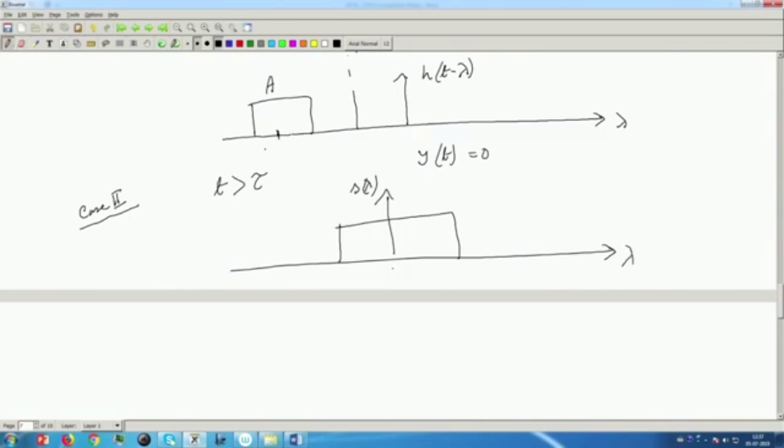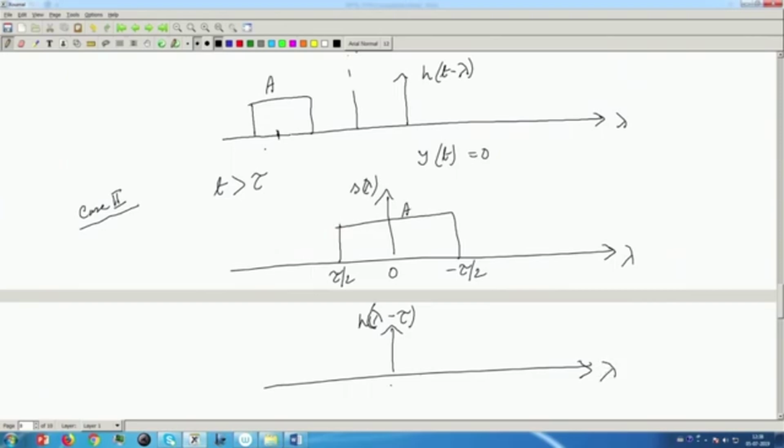So, this is also lambda, 0, minus tau by 2 to tau by 2, A, and what will be h(t minus lambda), lambda minus tau.